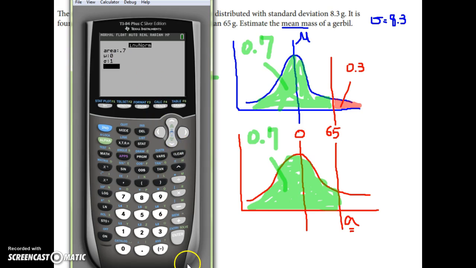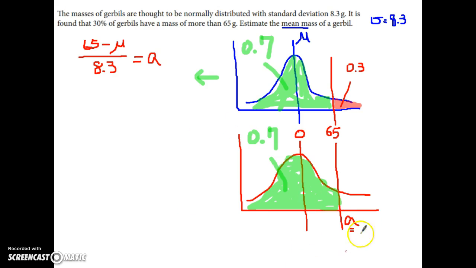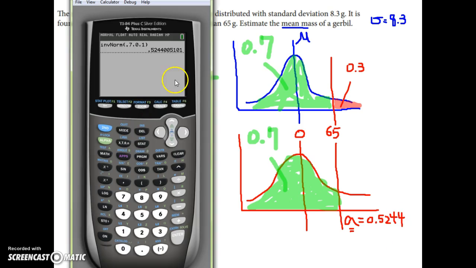This is the typical setup of a standard normal distribution. And then all I have to do is just go to paste. Enter. So that gives me 0.5244. So my value of A is approximately 0.5244. Is that right? 0.5244, yes.